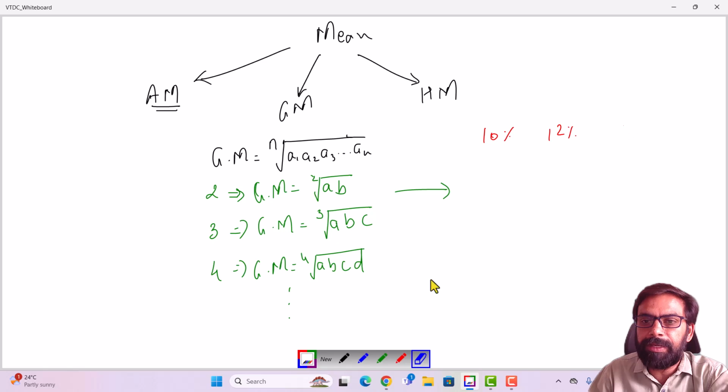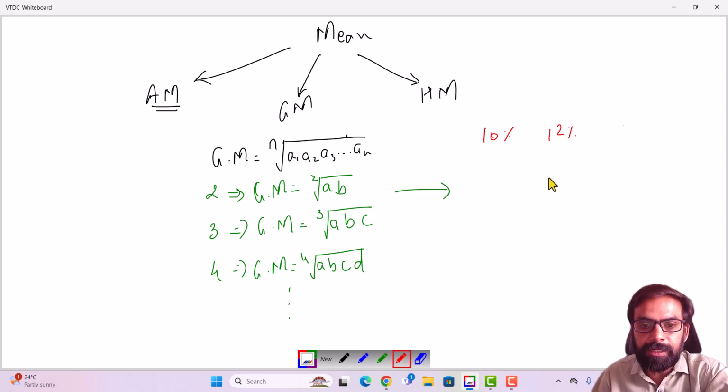Let me say that my money increased by 10% in the first year, it increased by 12% in the next year, and in the third year it just increased by 8%. Let me not go into decrease right now. The first year it was 10%, second year it was 12% increment, and third year it was 8% increment. What is the average percentage increment in my money across the years is the question. Now people have a very simple habit of taking the average over here. It will be 10 plus 12 plus 8 divided by 3.